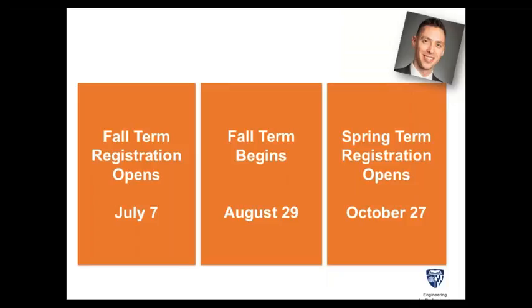If fall is a little bit too early for you, there's the spring term, which begins at the end of January, but the registration for classes opens October 27th. This is a good opportunity for me to mention that we do have 3 academic terms throughout the year: fall, spring, and summer.